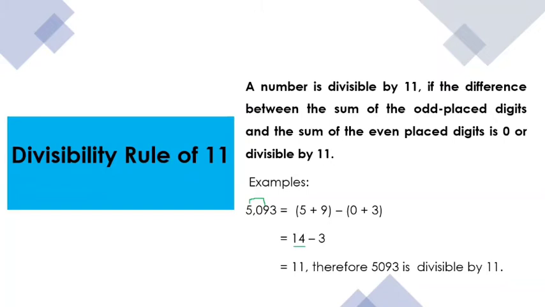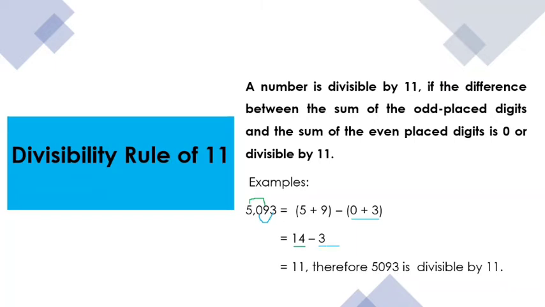The even place digits of this number are 0 and 3. So 0 plus 3, the answer is 3.